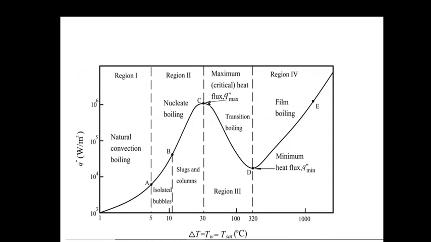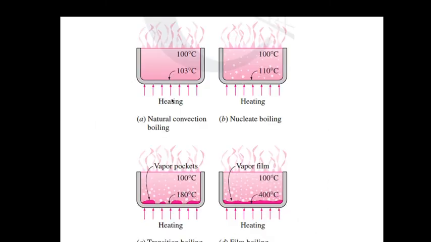Then why is there a drop in the curve? The flux drops in this region even though the temperature is increasing. This temperature is 103 degrees Celsius, this temperature is 110 degrees Celsius, this temperature is 180 degrees Celsius.